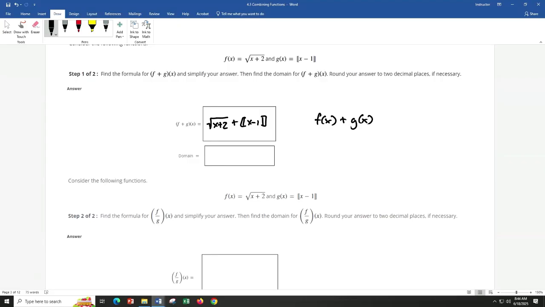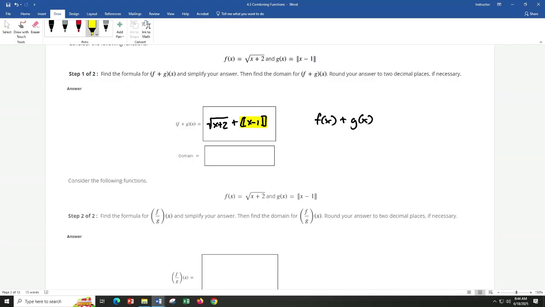Okay. Now the domain. Hear me out. The domain of this function right here, for right now, is always all real numbers. It's just like a parabola, okay? It's all real numbers, so don't worry about it. So the only thing there that has a restriction is what?